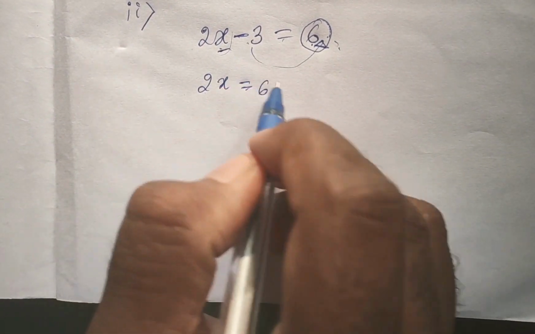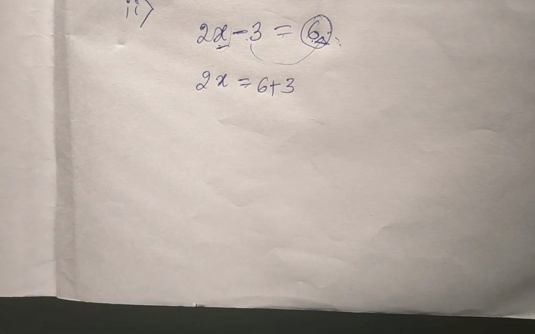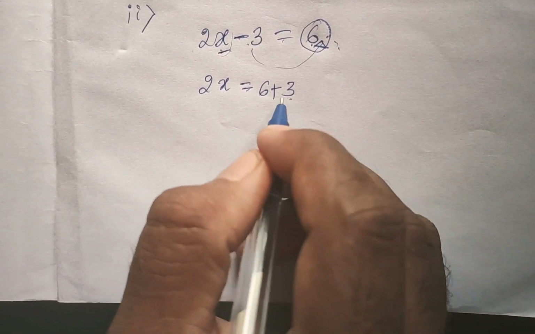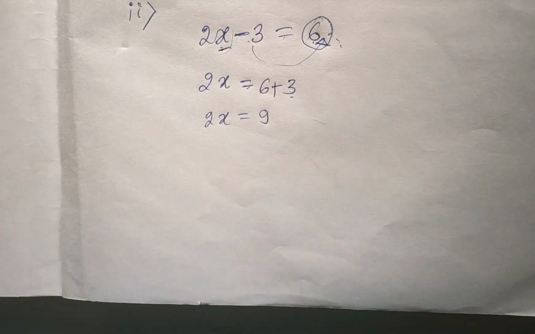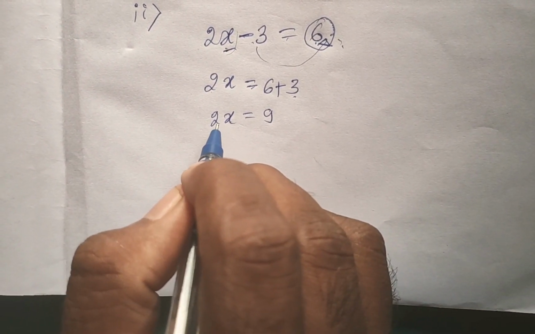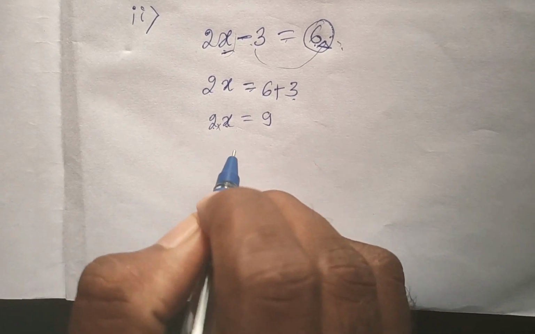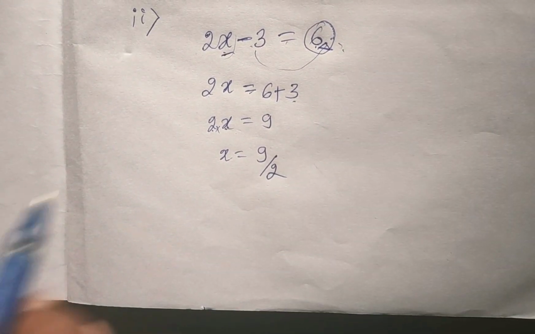Now this minus 3 will be shifted here, that becomes plus 3, right? So 2x is equal to 6 plus 3. 6 plus 3 is 9. 2x is equal to 9. Then here 2 is the product of x, that means 2 is multiplied with x, so the multiplication sign is there, so x is equal to 9 divided by 2.